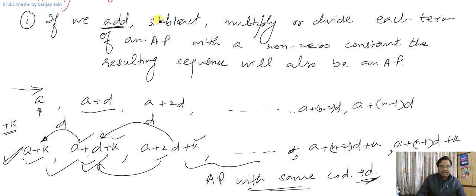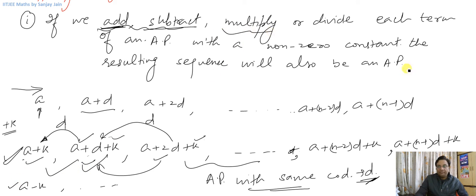Addition and subtraction are the same process, so even if you subtract K from each term, you will have a resulting arithmetic progression with the same common difference D. You can do the subtraction part yourself.